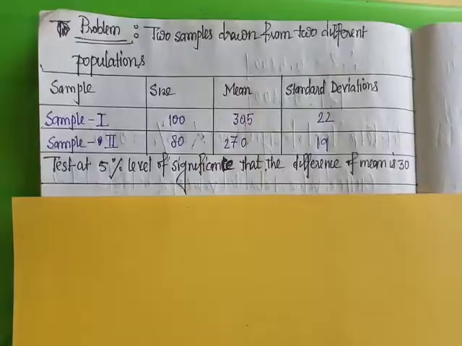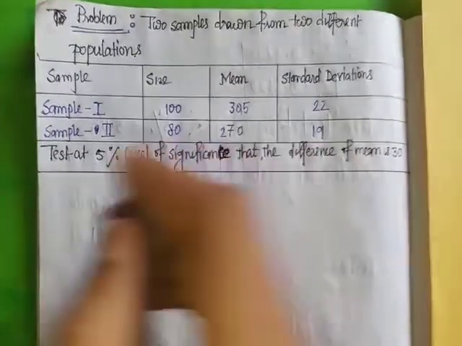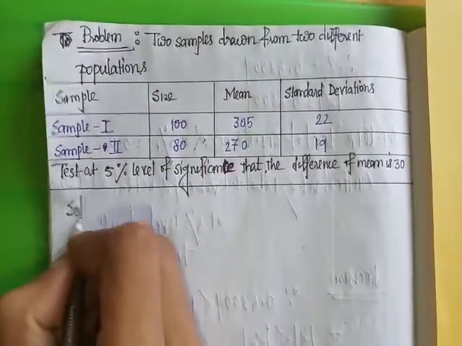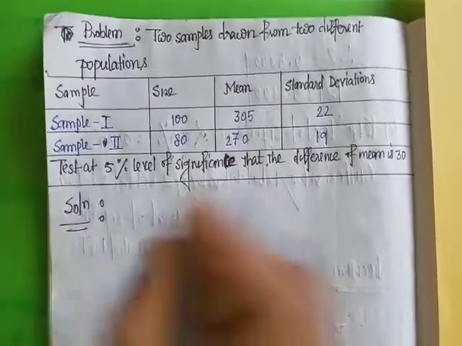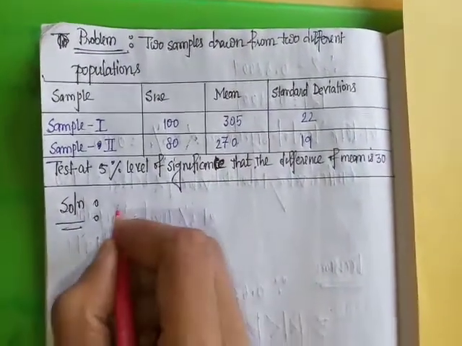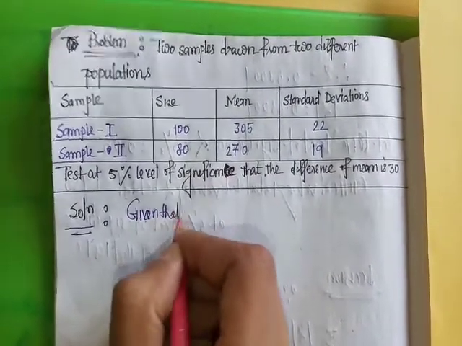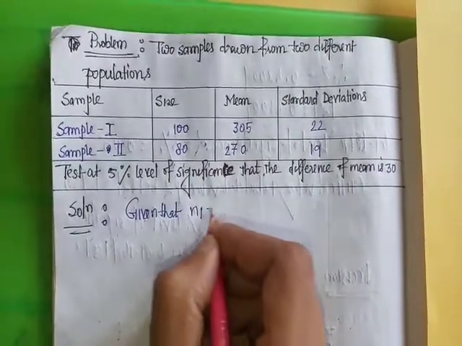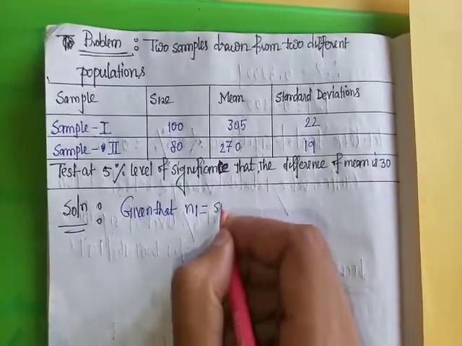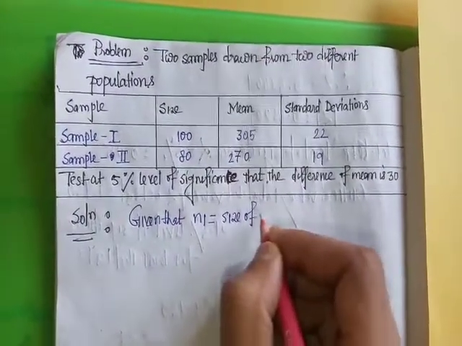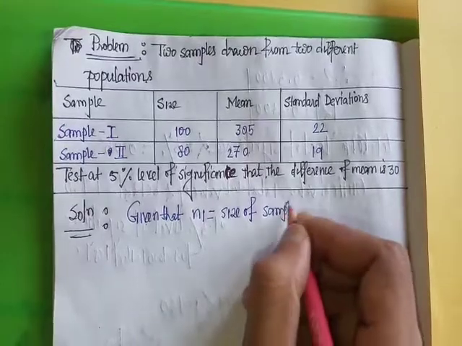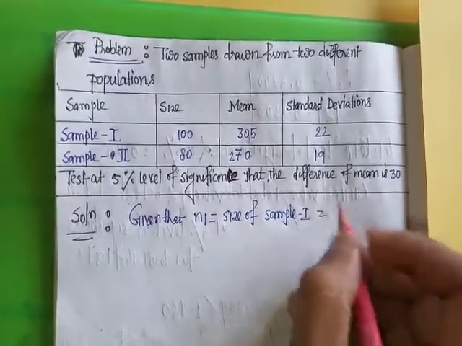Okay, so solution. Given that n1, the size of sample 1, is equal to 100.